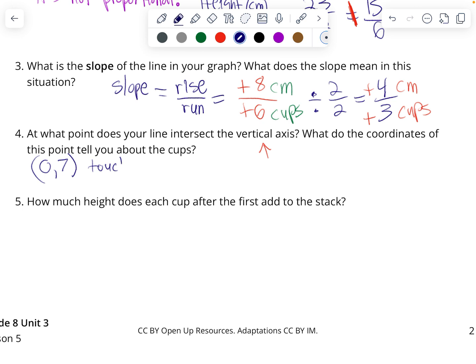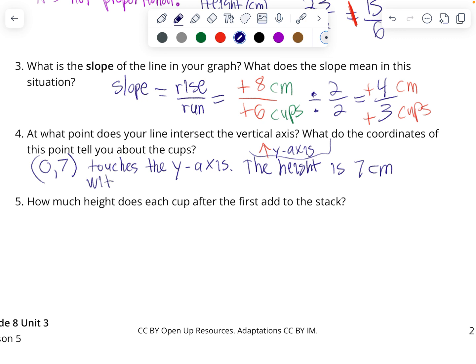You could say it touches the y-axis. The height is, I'm sorry, I did not label the y-axis part that I was talking about. The height is 7 centimeters with 0 cups.